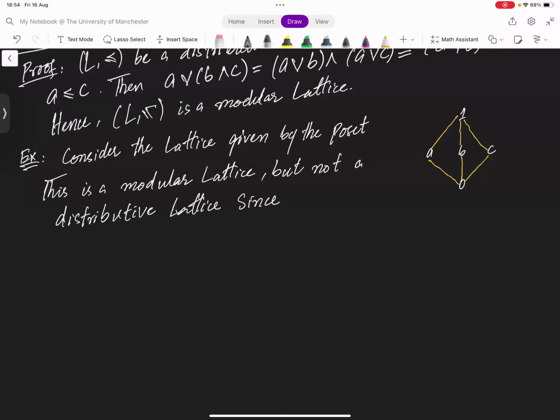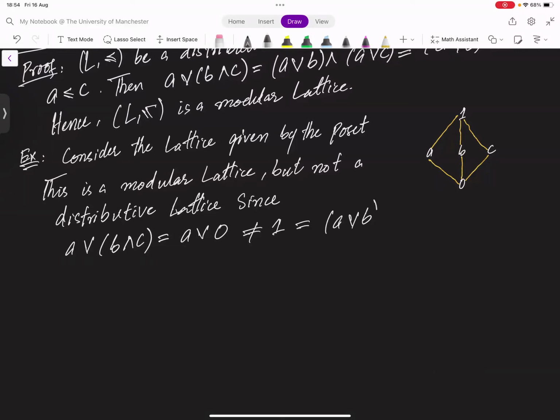Since A or B and C is A or 0, which is not 1, where 1 is A or B and A or C.